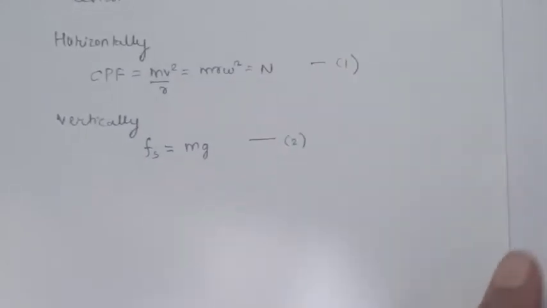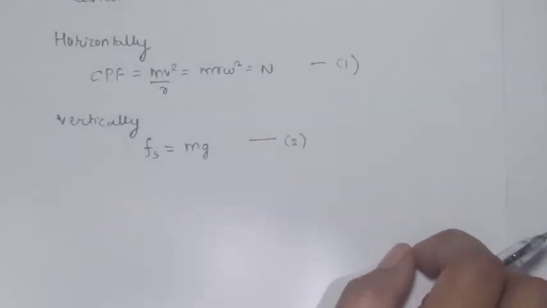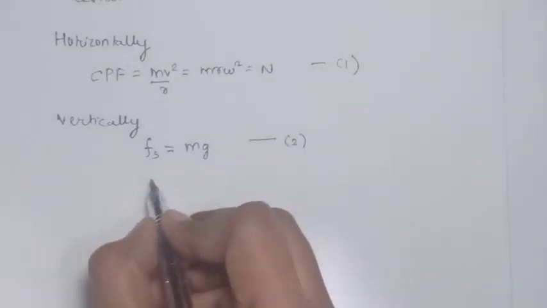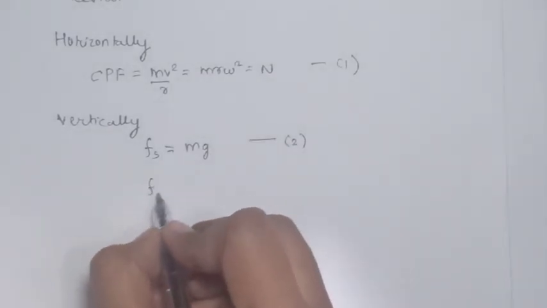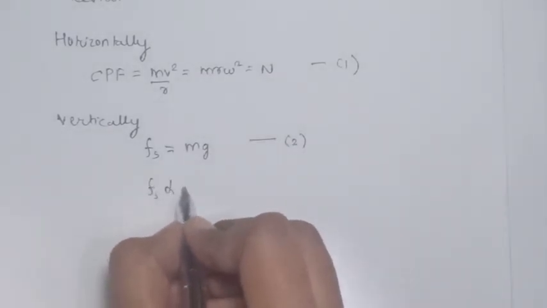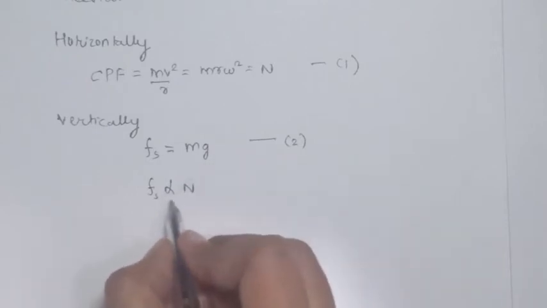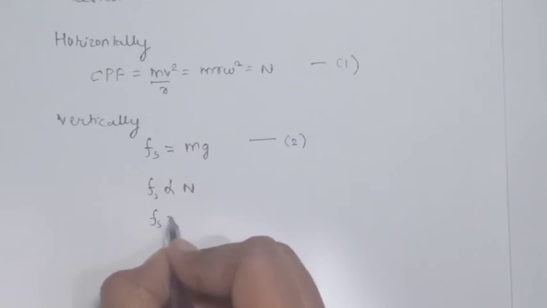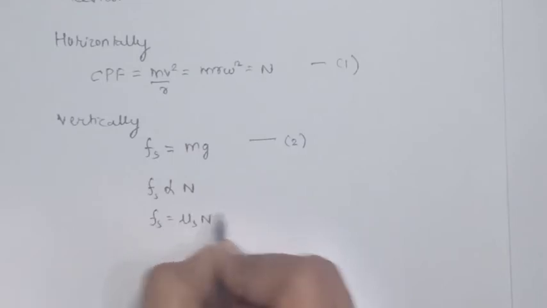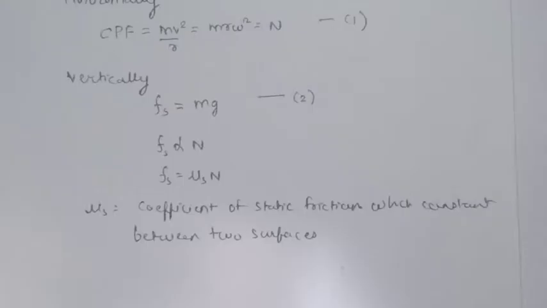Do you know that frictional force is actually directly proportional to the normal contact force? As we have studied earlier, frictional force is directly proportional to the normal force. By changing the proportionality sign to an equals sign with a constant, you get F equals mu s N, where mu s is the coefficient of static friction, which is constant between two surfaces.